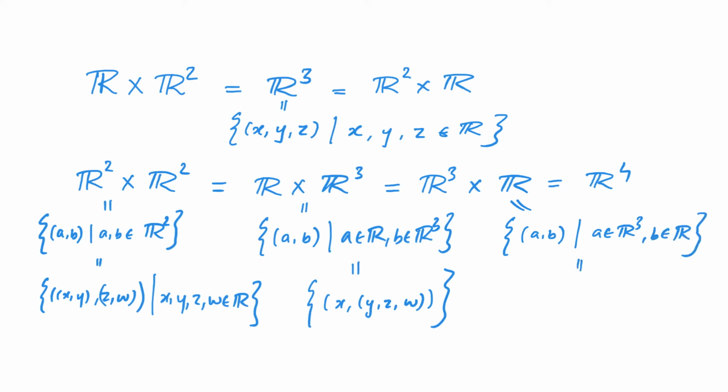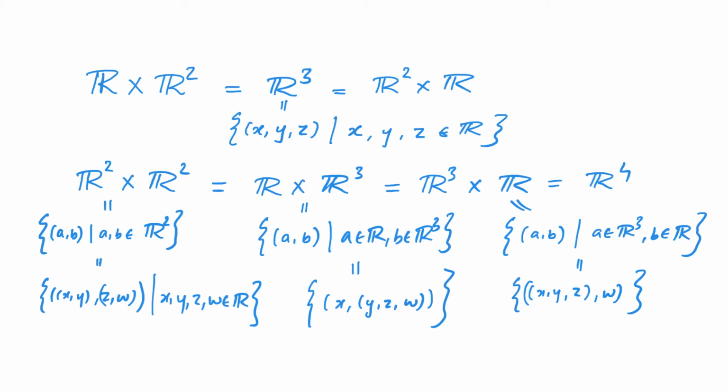And that can be denoted as (x, y, z, w). Once again, the numbers x, y, z and w are real numbers, but I am not going to write that specifically. So this is the way in which you should actually look at the three sets R2 cross R2, R cross R3 and R3 cross R. But we will identify these three sets and call it R4.